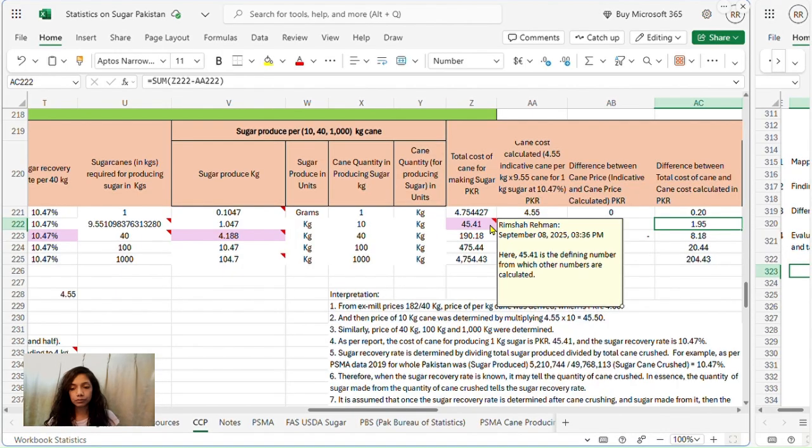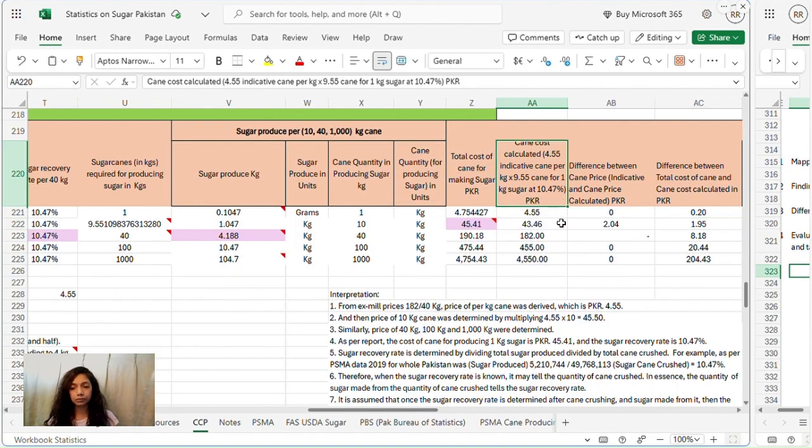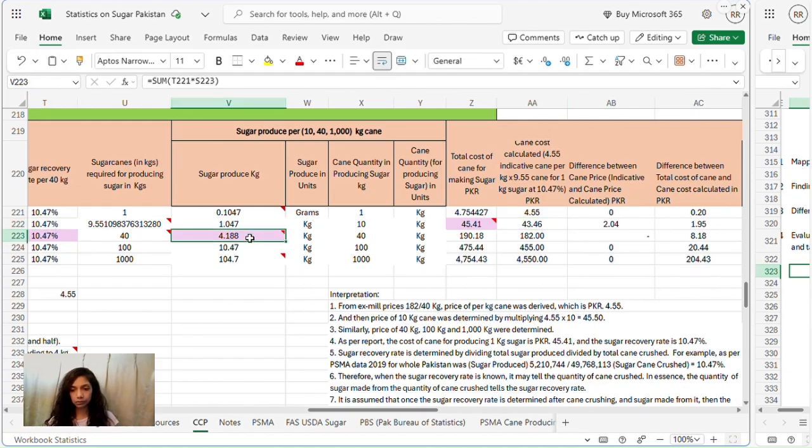So when you try to find the difference of cost by the mill and the difference of number with reference to the sugar recovery rate and the kgs of sugar of these exact numbers, there will be the difference of 42, which is the difference of 45 and 41, and this appears only at this 1 kg of sugar making difference, but not when we calculate it with reference to 1 kg of cane or 40 kg of cane or 10 or 100 or 1000, but only at the 10 kg of cane.